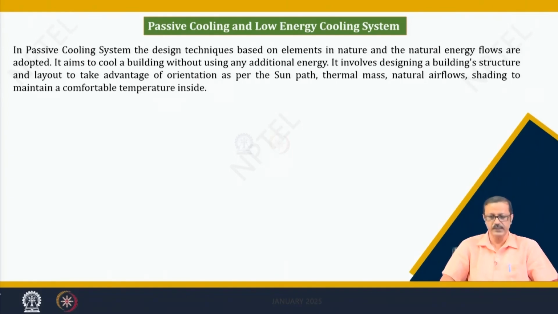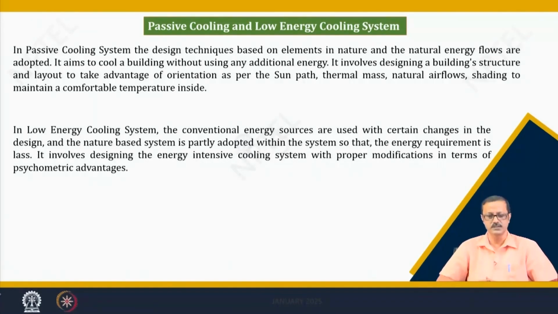Then what is a low energy cooling system? It is a conventional type of energy system, what we have discussed in the HVAC or other types of systems. Conventional energy resources like electricity can be used, but there will be certain component changes in that particular system. As you know, the HVAC system is based on the refrigeration cycle.